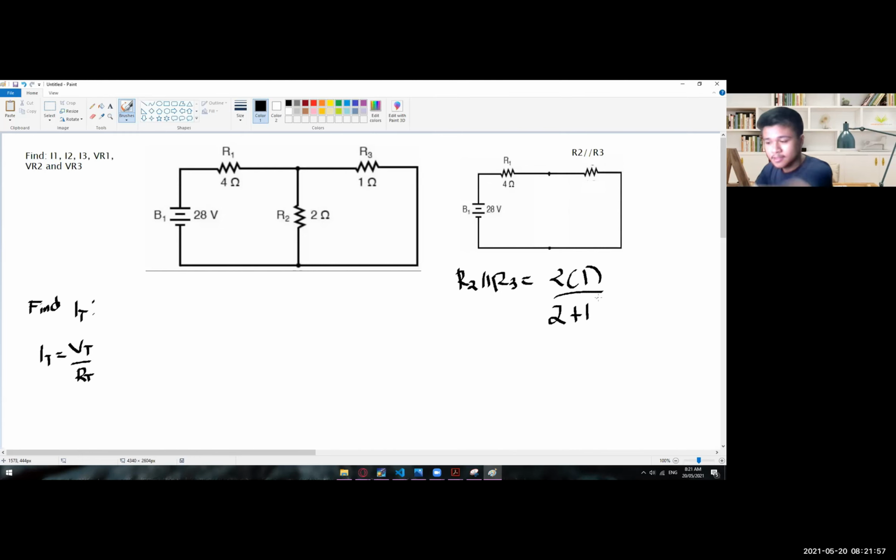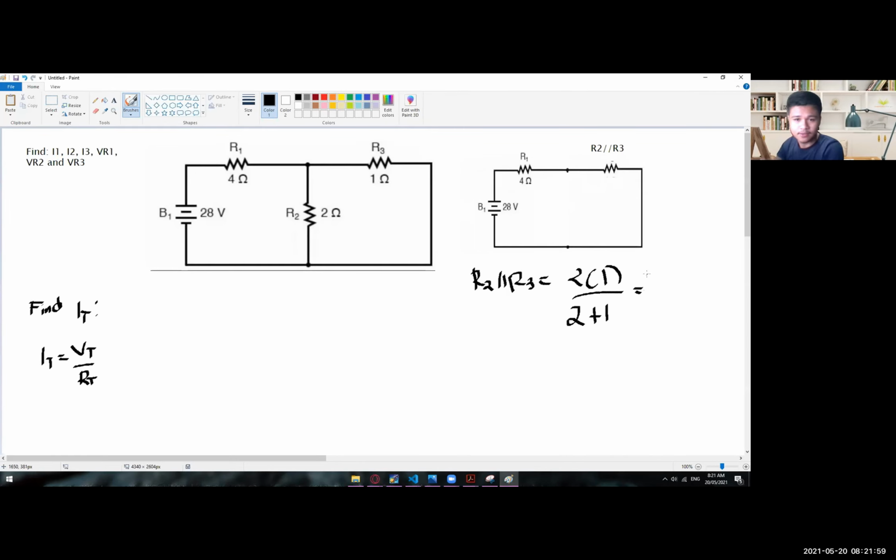In here, just use your calculator and you will get 2 times 1 divided by 2 plus 1, so we get 0.66667, or simply 0.67. This one is in ohms. I hope you can see this one.